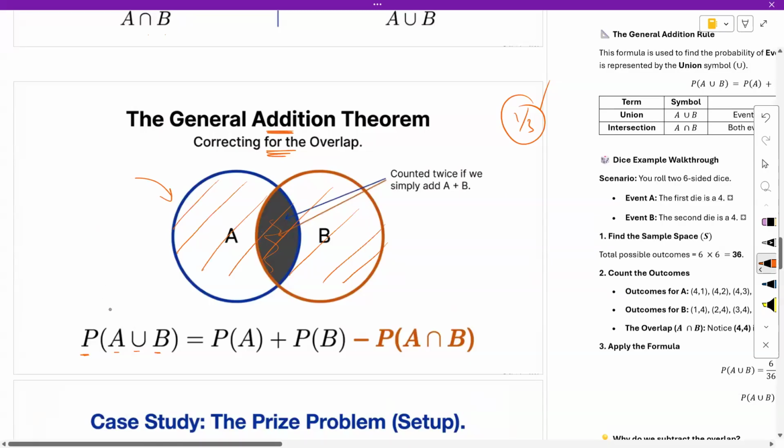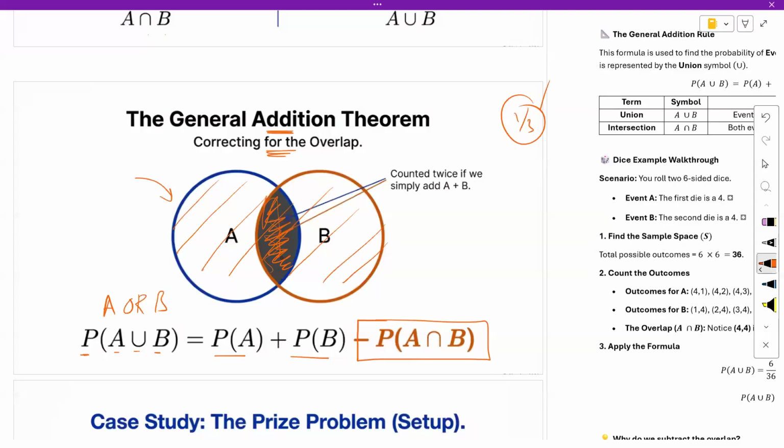This means probability of A or B. The formula to find the probability of A or B, A union B, is probability of A plus probability of B. But you see here, we have to extract this intersection area for a non-mutually exclusive event. But for a mutually exclusive event, we don't want to deduct this.